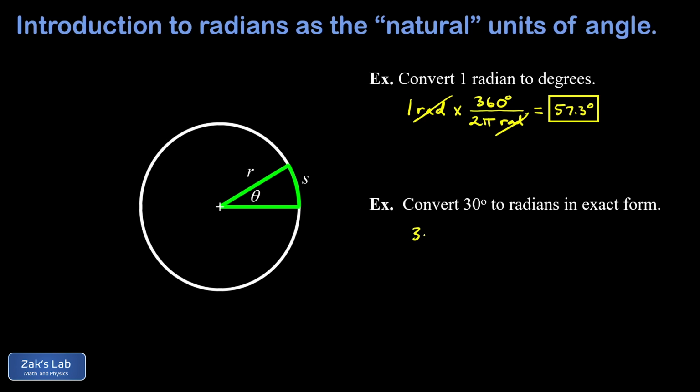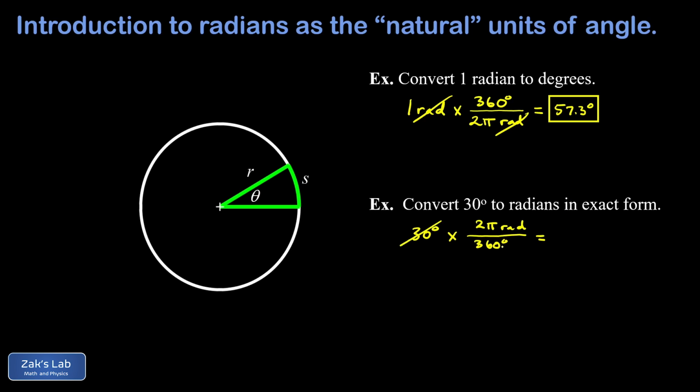So we start with our 30 degrees, and we need to multiply by a conversion factor that cancels the units of degrees. So this time the 360 degrees is in the denominator and the 2 pi radians is in the numerator. So it turns out that 30 divides 360 evenly. In fact, that's a factor of 12.